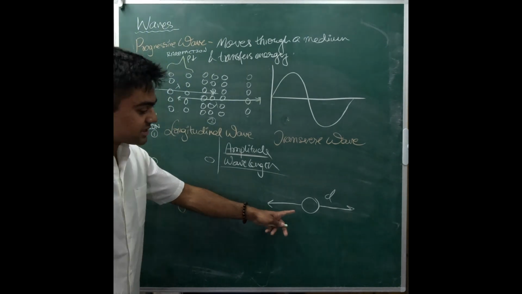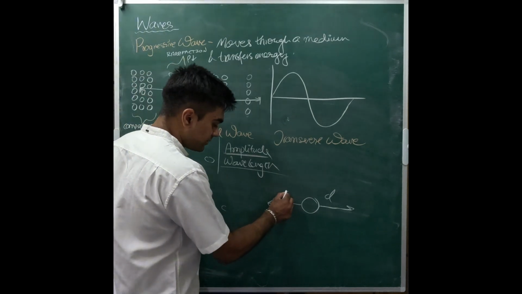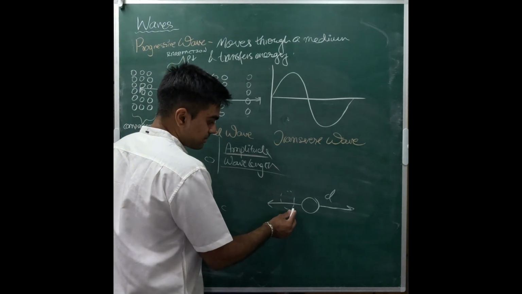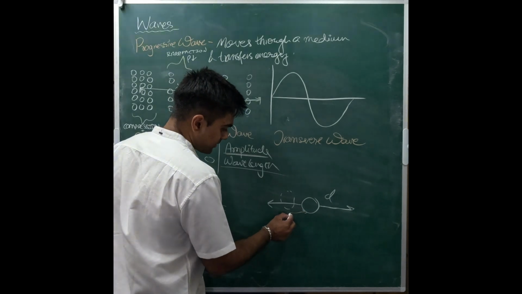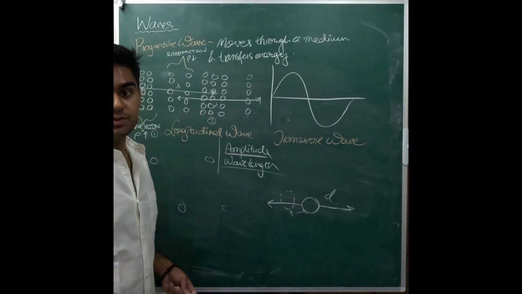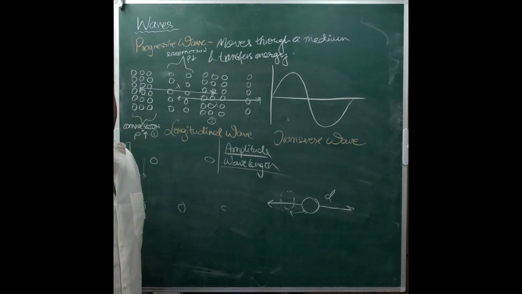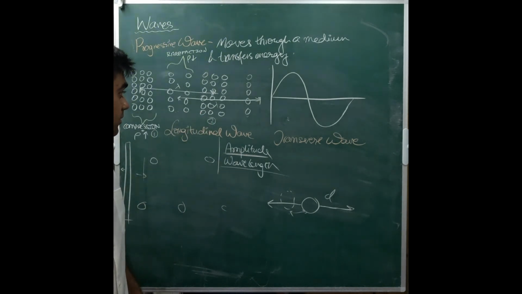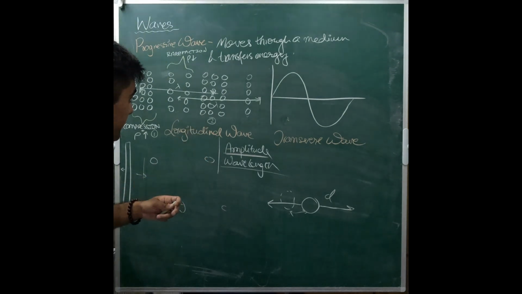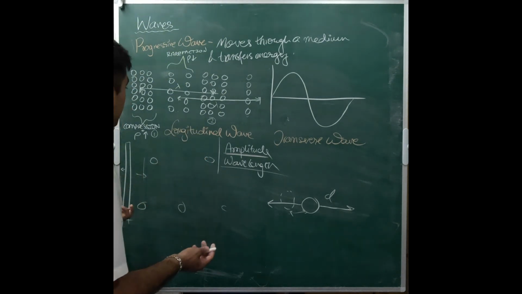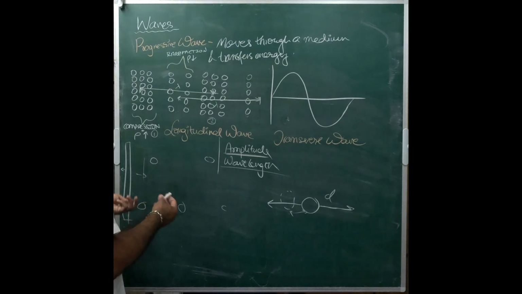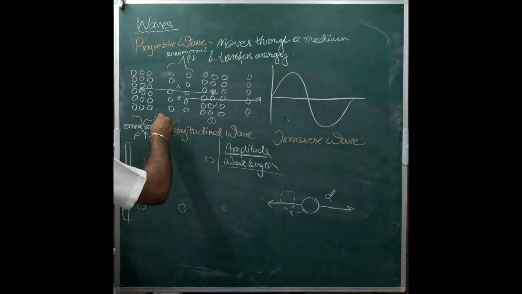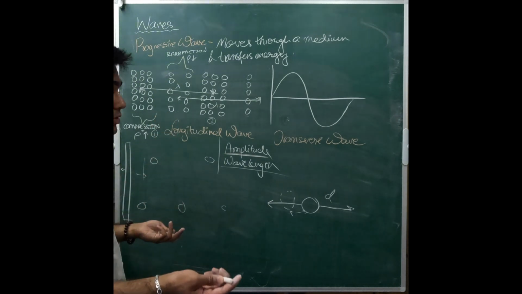Displacement is the distance that the particle is moving. So if the particle moved here, the displacement would have been this much, whereas amplitude is the maximum displacement of the particles. Now, if we look back at our diagram here, we know that our amplitude will be how much these particles have moved from their original position.